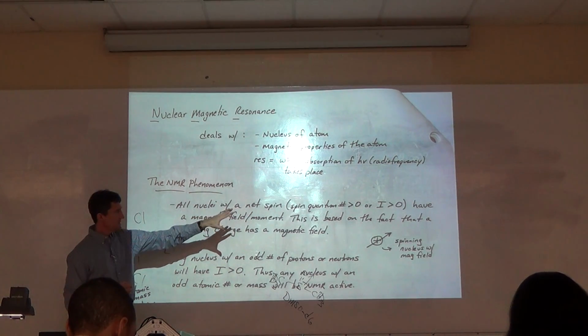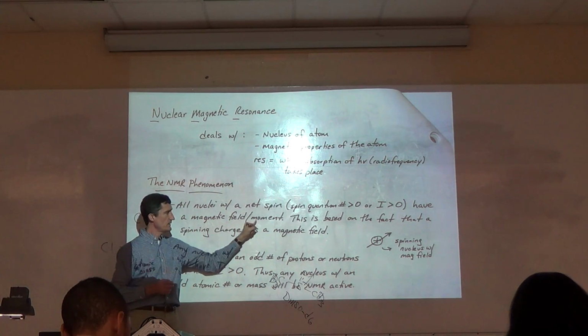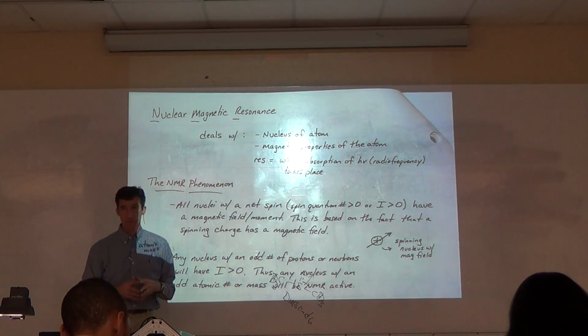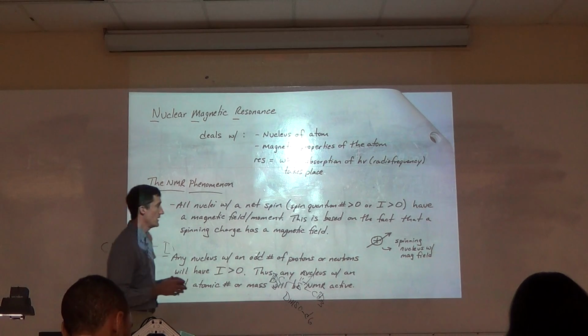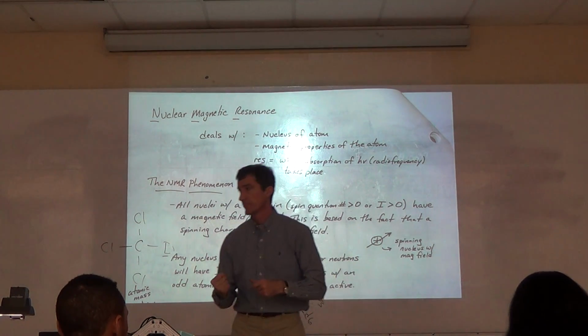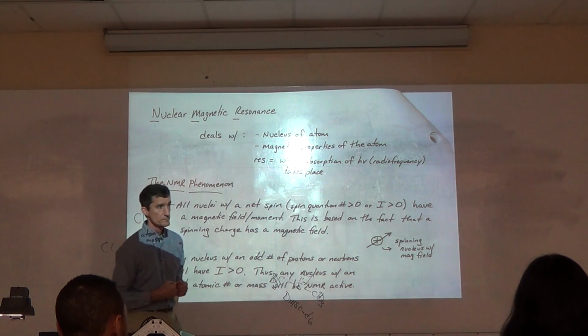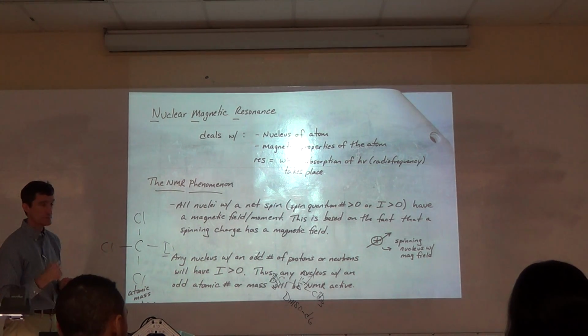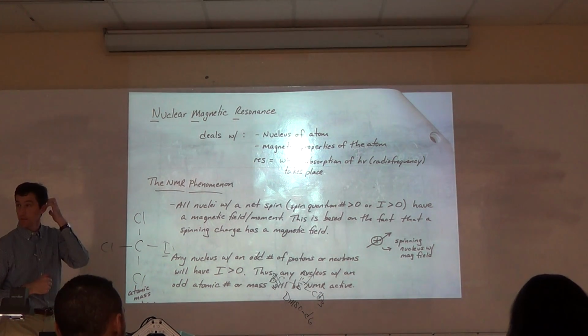Any nucleus that has a net spin will have a magnetic moment associated with it. Why? What's the charge of a nucleus? Positive. And if a positive charge is spinning, what does it create? A magnetic field.